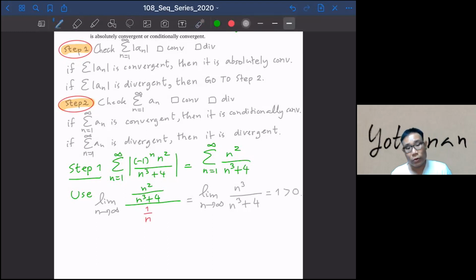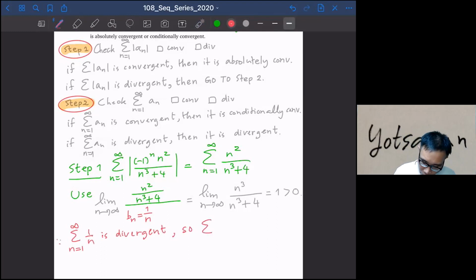Okay, so this one is called the limit comparison test. And the way to use this test is that you must know the series 1 over n is divergent. So you can conclude that your series n equal to 1 to infinity of the green guy is going to be divergent as well.